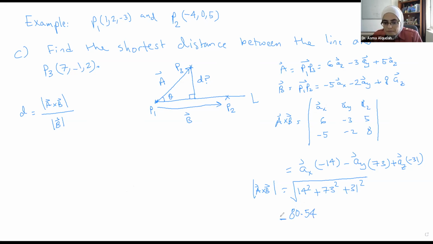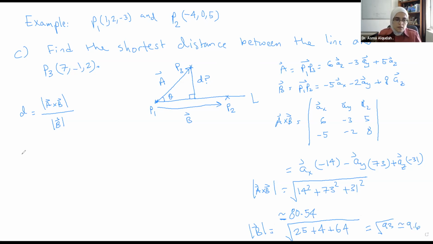Okay. And now we want to find the magnitude of B. The magnitude of B is the square root of 25 plus 4 plus 64, which is 93. The square root of 93 is around 9.6.